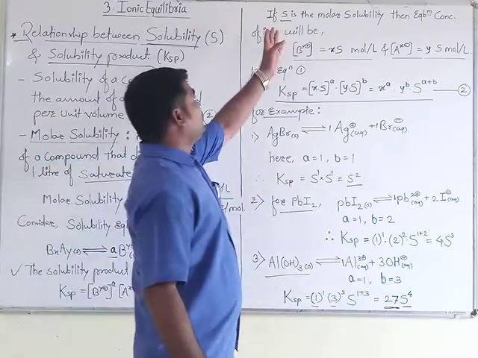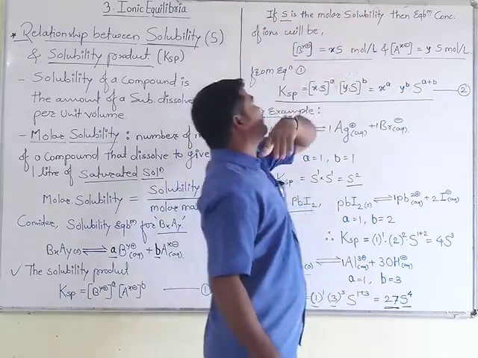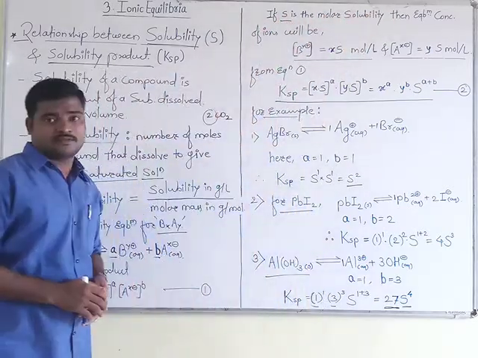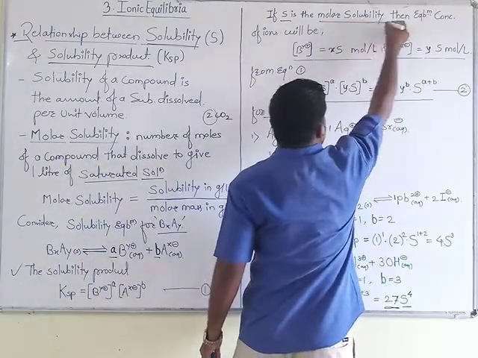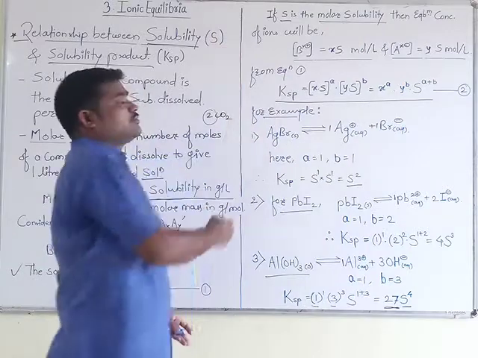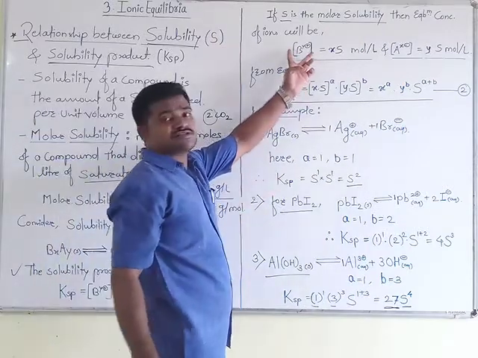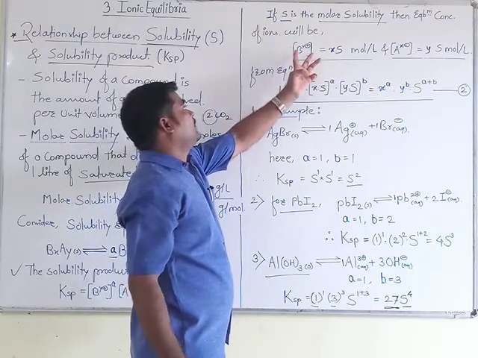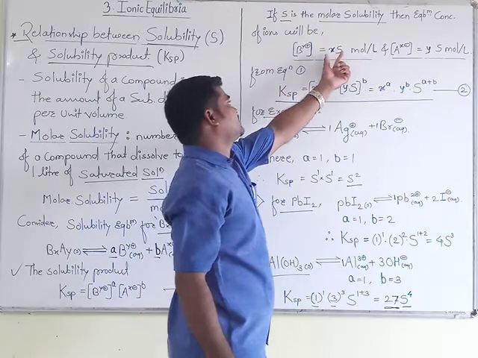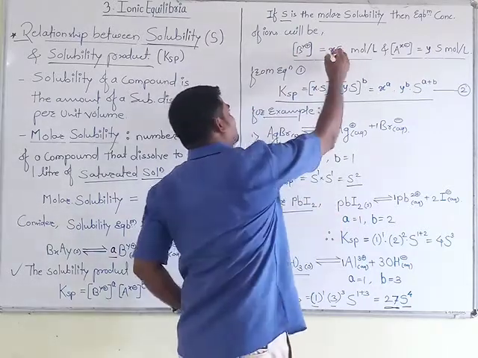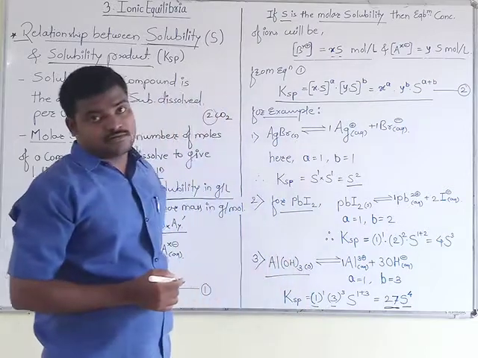Okay, now we came across this point, that is molar solubility. Then the equilibrium concentration of ions will be... For the calculation of molar solubility, we have to consider their concentrations. So here, the concentration of B^y+ is nothing but xS mole per liter.